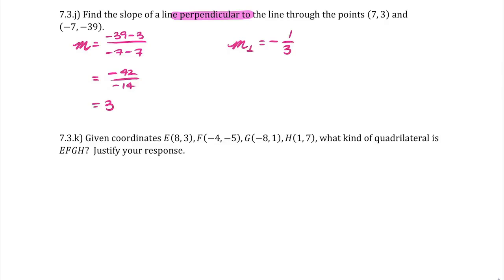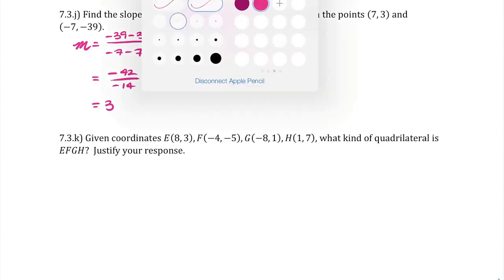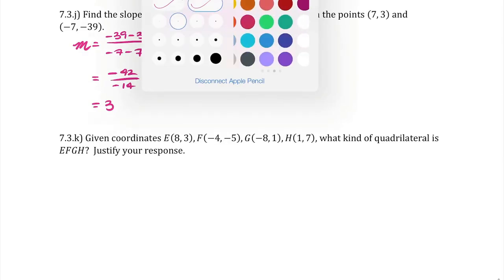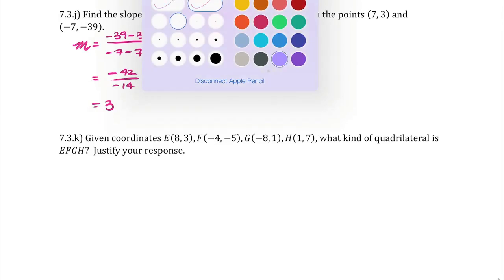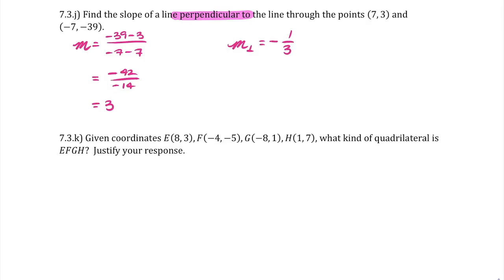It's not that scary. Let's take a look. So, given our 4 points here, our E, F, G, and H, we want to figure out what kind of quadrilateral that is. Maybe it's a parallelogram. Maybe it's even a rhombus. But only math will let us find out.